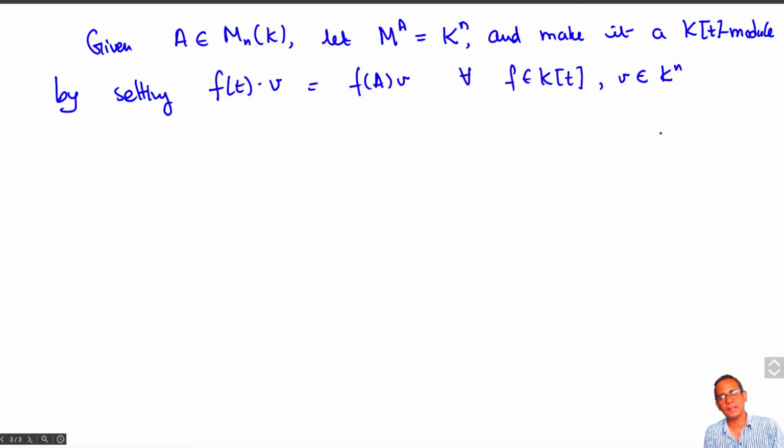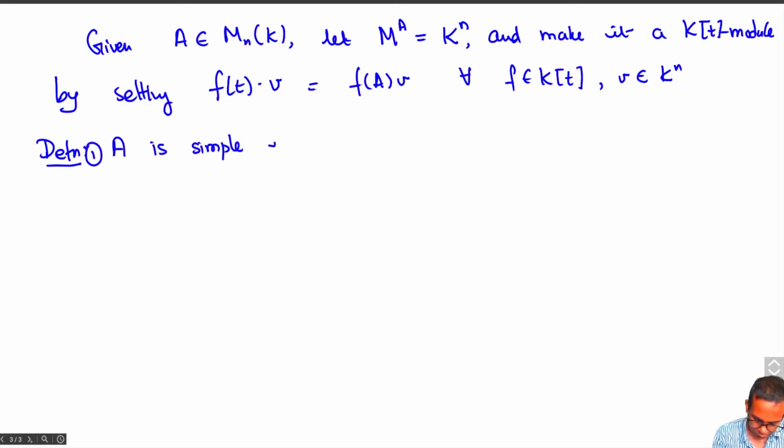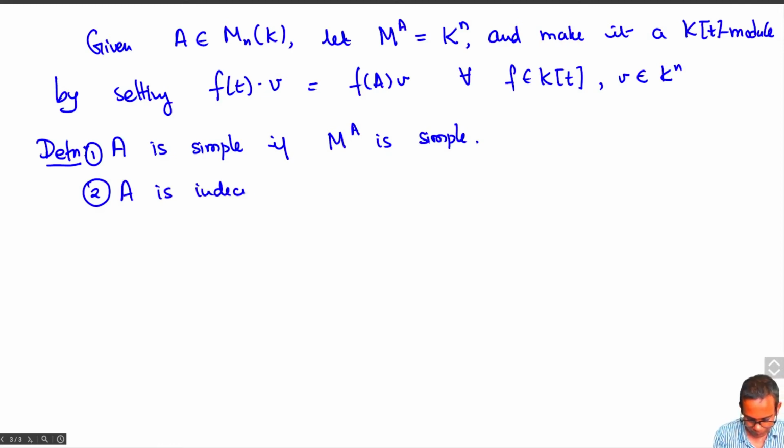Now, using this correspondence between matrices and K[T] modules, we can transfer ideas from module theory to matrix theory. So here are some definitions motivated by this. A matrix A is simple if M_A is simple. We could say a matrix A is indecomposable if M_A is indecomposable.